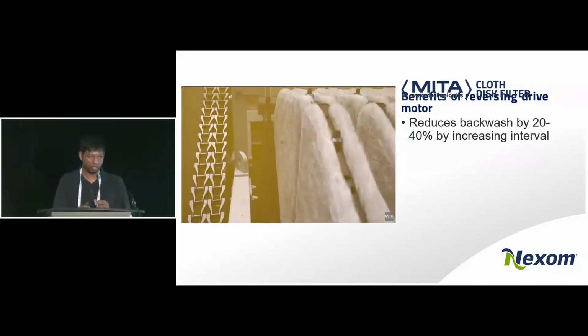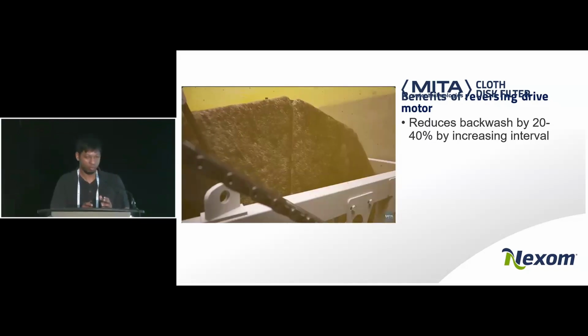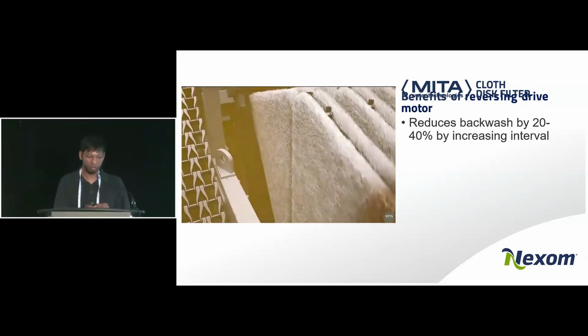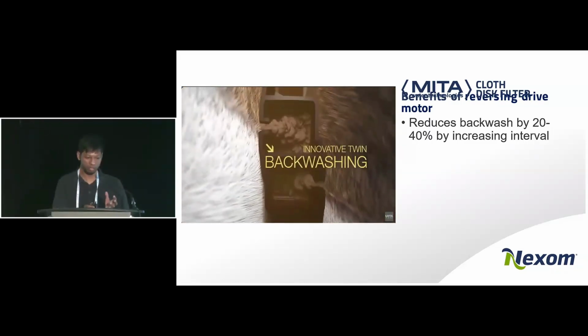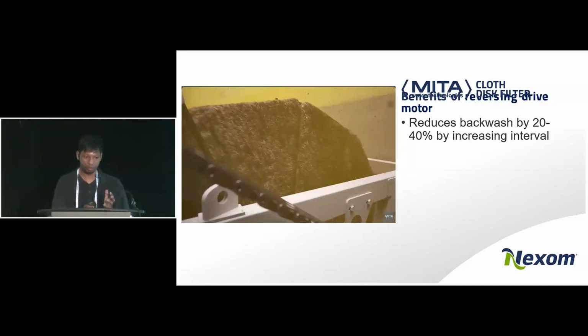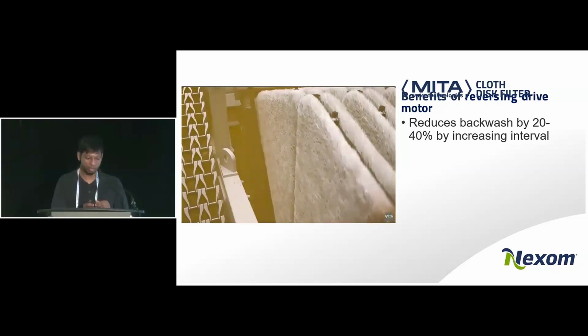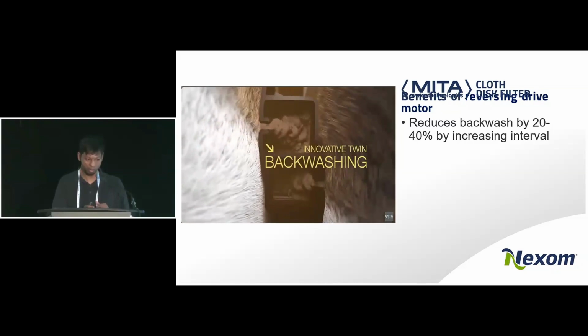During backwashing, we are able to remove a lot of solids, but most disc filters can only rotate in one direction. The filter here can rotate in two directions. By doing so, we're able to reduce the backwash frequency, the backwash time interval, by 20 to 40%.